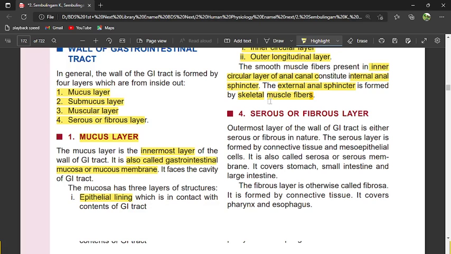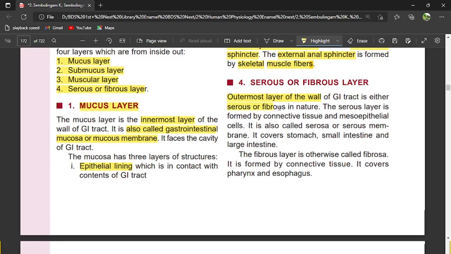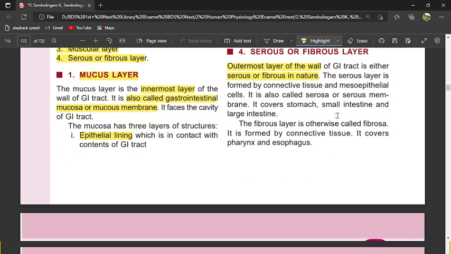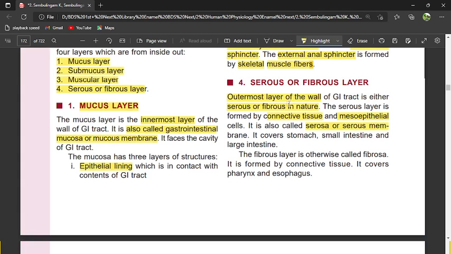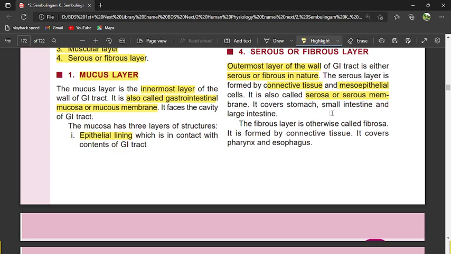Next we have a serous or fibrous layer. It is the outermost layer of the wall of the GI tract. It is either serous or fibrous in nature. The serous layer is formed by mesoepithelial cells. It is also called serosa or serous membrane. It is formed by connective tissue, with fibers and mesoepithelial cells.